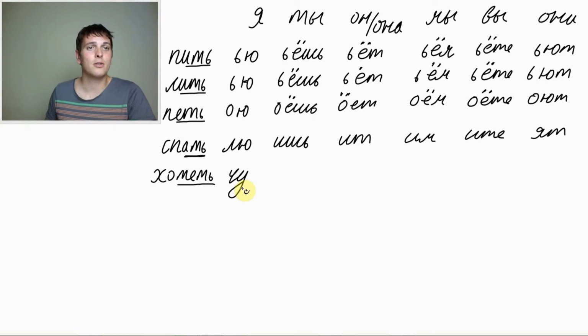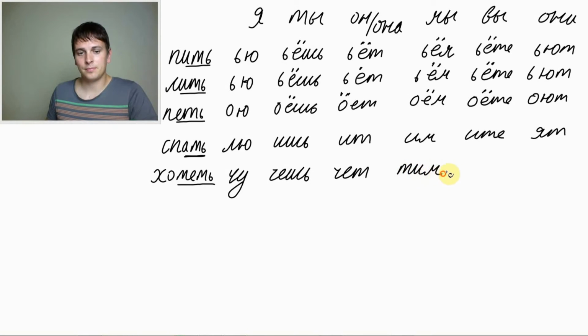It's the ending of the Russian verb through the conjugation in the singular personal pronoun. Я. Я хочу. Ты хочешь. Он, она хочет. Мы хотим. Вы хотите. Они хотят.